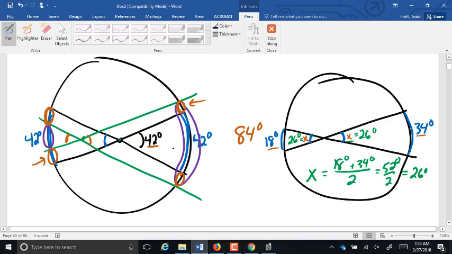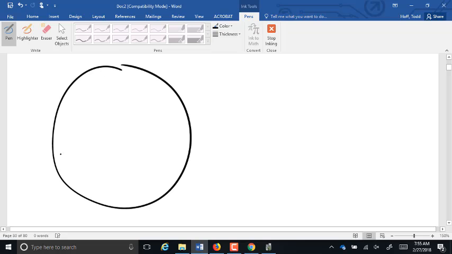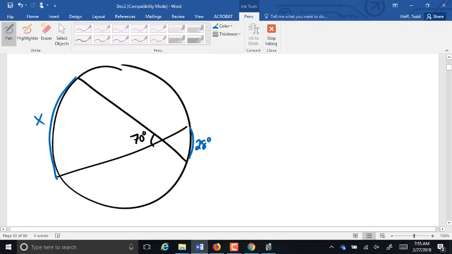The other side of that is if I know that angle is 70 degrees, and I know that this arc here is 28 degrees, I can find this arc. I'm going to call that x, because I know that x plus 28 divided by 2 equals 70 degrees.